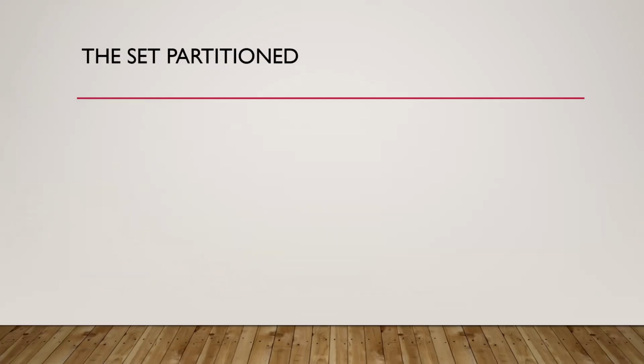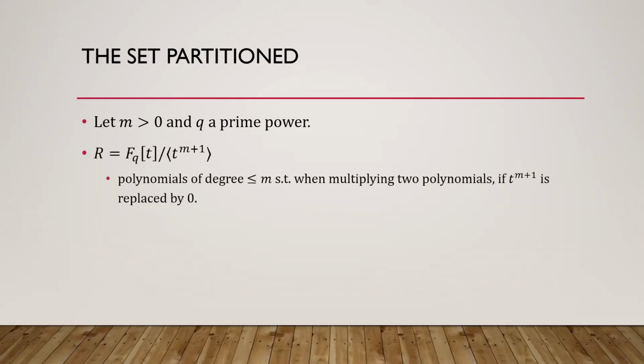So let's say who G is. The group, or the set being partitioned, is going to be matrices parameterized by 2 parameters: some integer m, and again a prime power q, which we'll use for a field. The entries of these matrices will be from a ring of polynomials. Think of polynomials of degree at most m, but if I multiply 2 polynomials and get something of degree larger than m, I truncate at m.